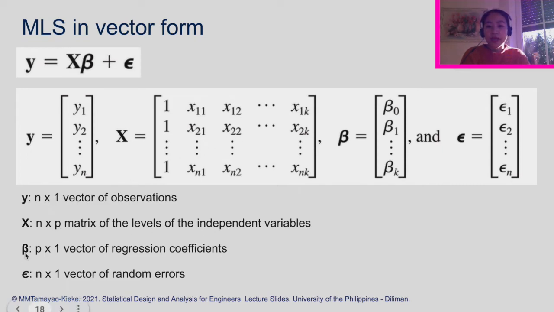Beta here is the p by 1 vector of regression coefficients. Notice here that we have 1 in the first column of the matrix, and p is k plus 1. Epsilon here is your n by 1 vector of random errors, I should say.